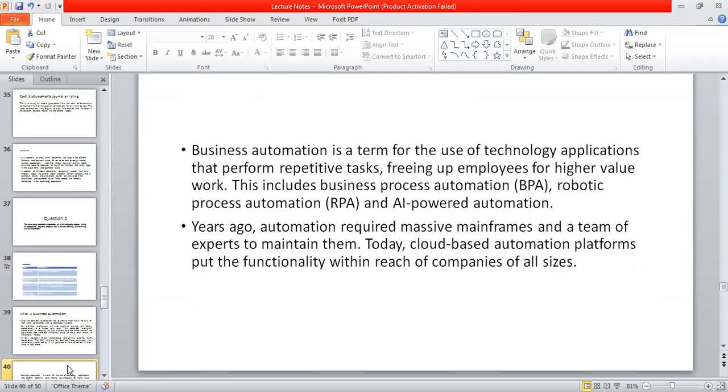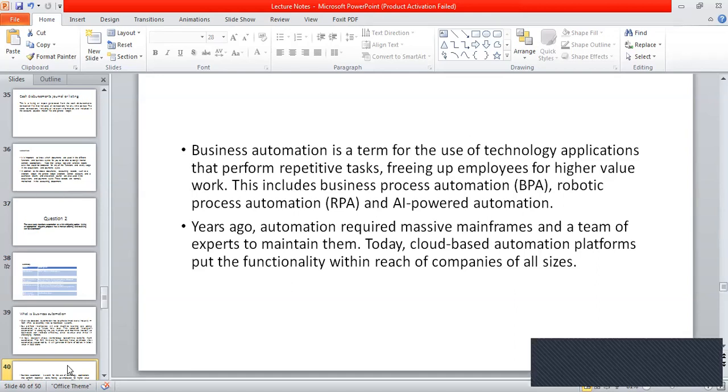Business automation is a term for the use of technology and IT applications that perform repetitive tasks, freeing up employees for higher value work. This includes business process automation, robotic process automation, and artificial intelligence powered automation.